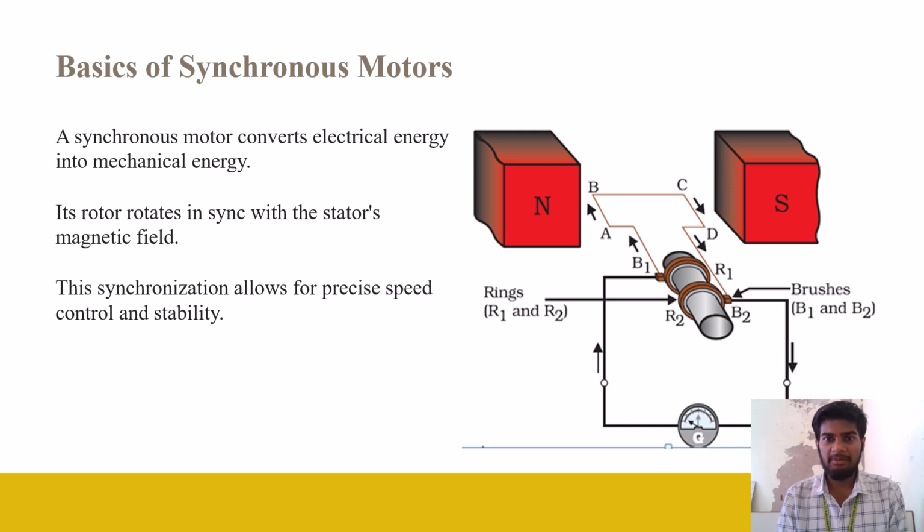These poles are connected to the brushes, which we can call B1 and B2, and connected to an ammeter to measure how much current is flowing towards the motor. This synchronization allows precise speed control and stability. This is the basic circuit diagram.